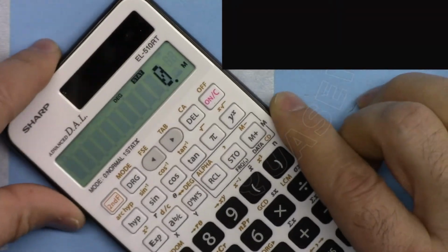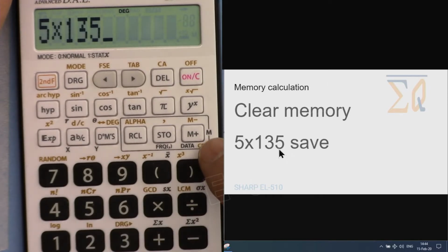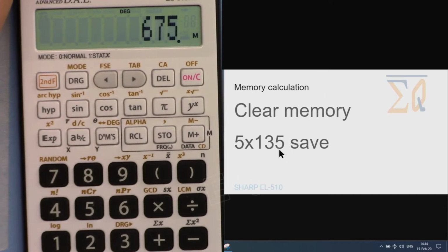So 5 times 135, and then you can do plus because there is nothing. This has been now saved.